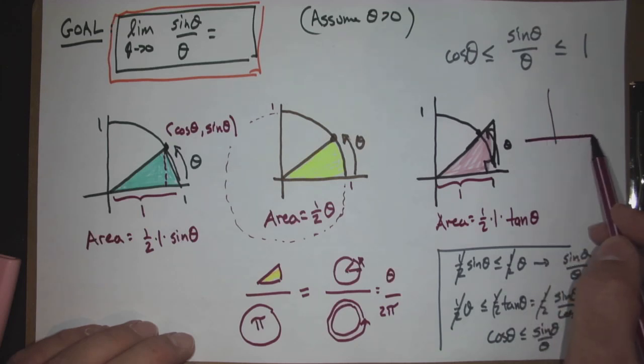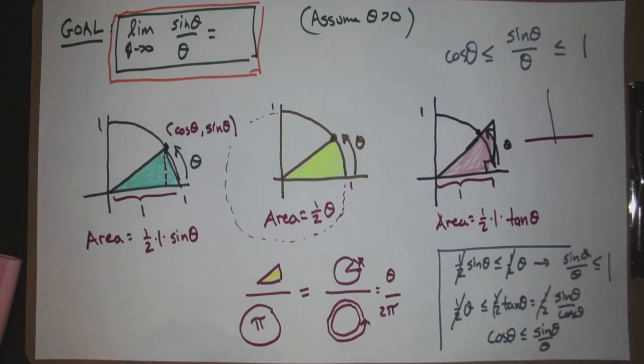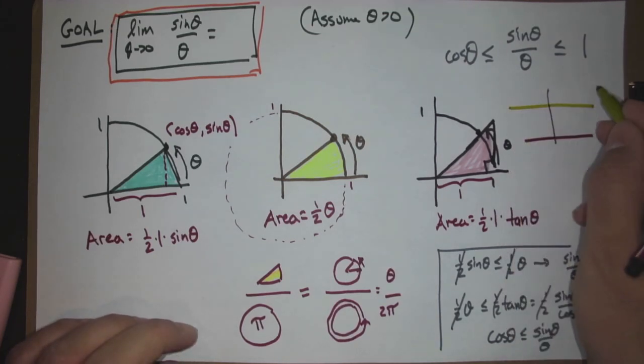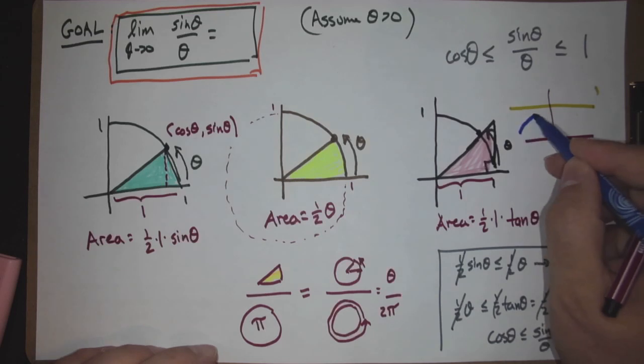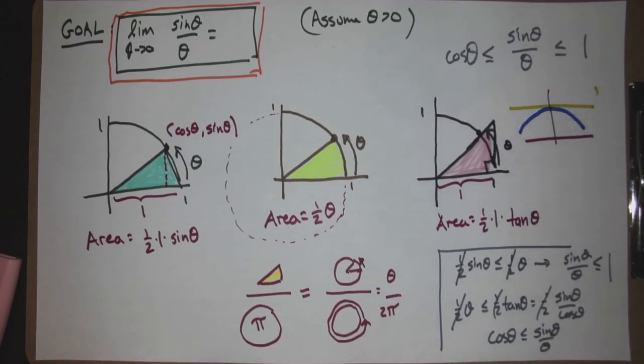All right. Well, let's sketch those curves. One looks like this. Cosine theta looks like this. So, what can we do?